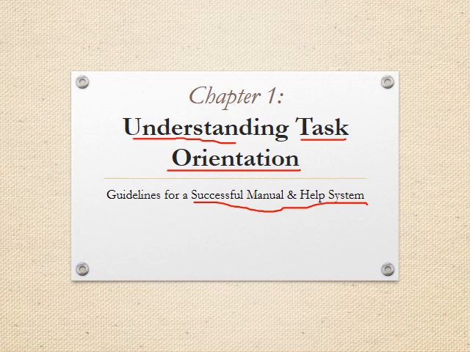What's task orientation? A task-oriented document is a document that focuses on the user's specific task. So basically, the main focus will be to define a document that focuses on the task that a specific user follows or needs in their job.